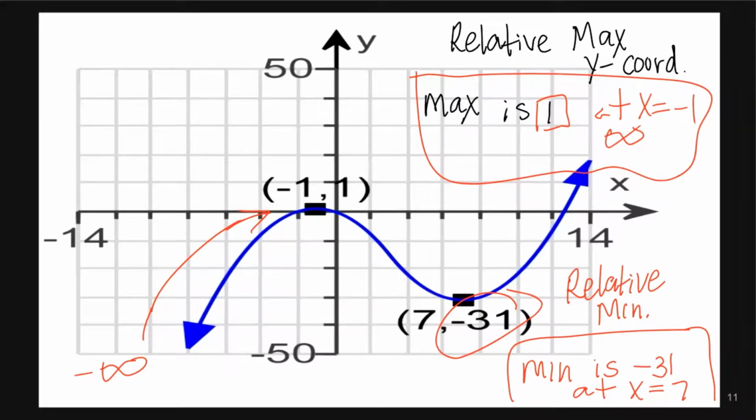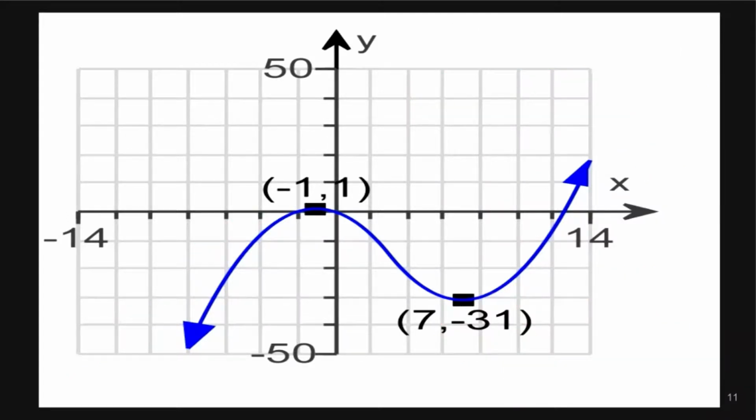And remember that is always the y coordinate. And the way the problem is written, it says the relative maximum is at x is whatever. So it gives you a clue of how the number should be written.